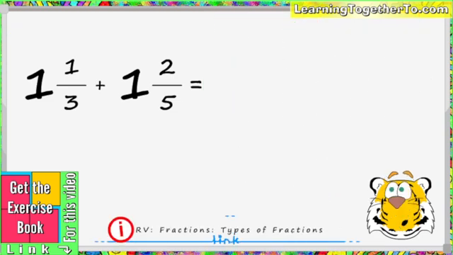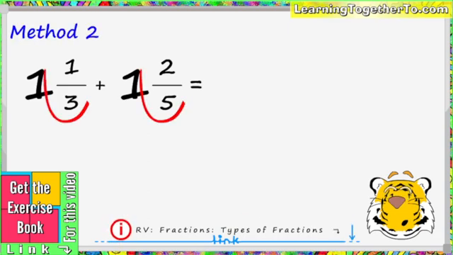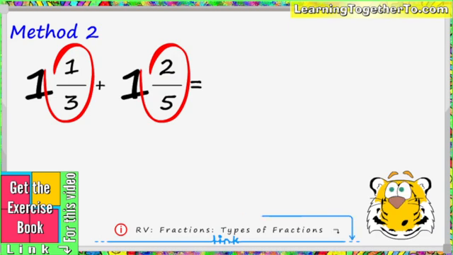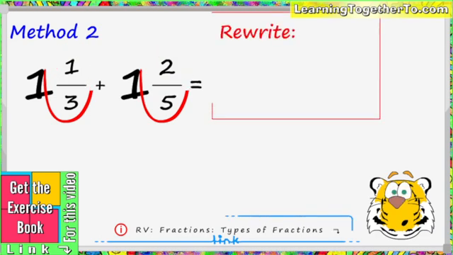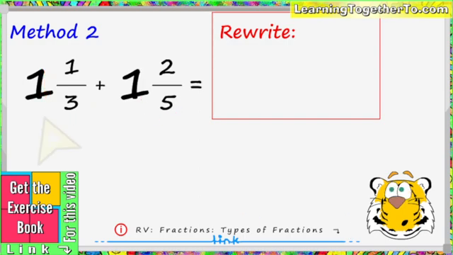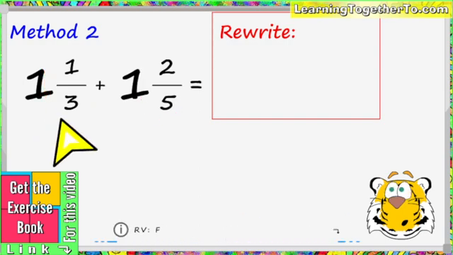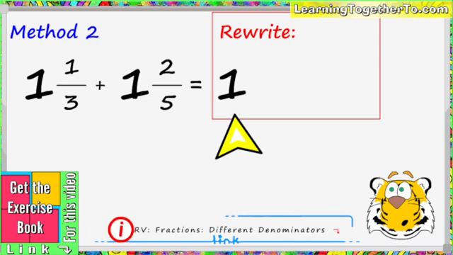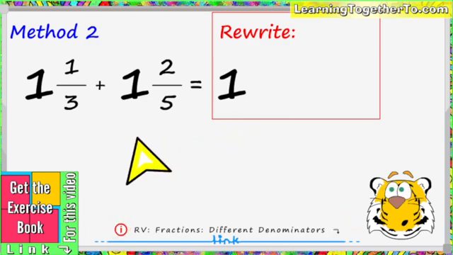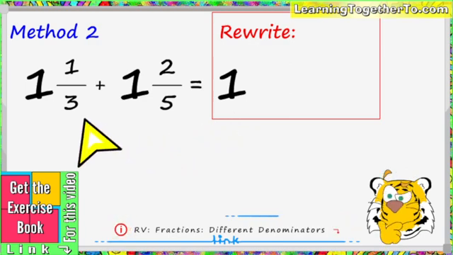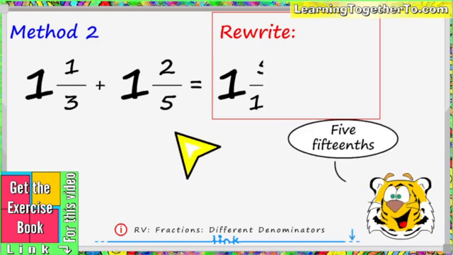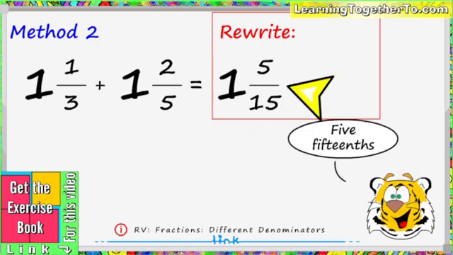Tim, remember that with method 2, we'll be working mainly with the proper fractions. Since the denominators are different, we need to rewrite the statement. Tim, the whole number stays the same. Now let's rewrite 1/3 as 5/15.